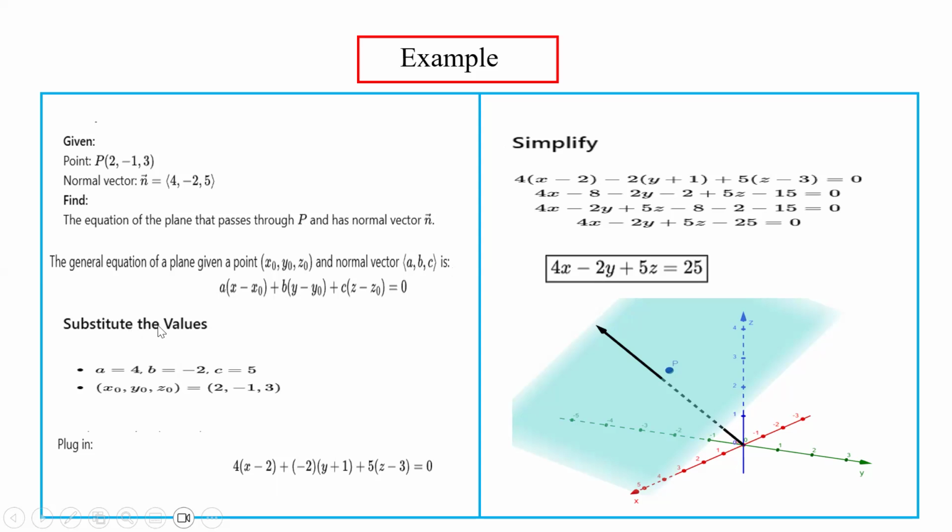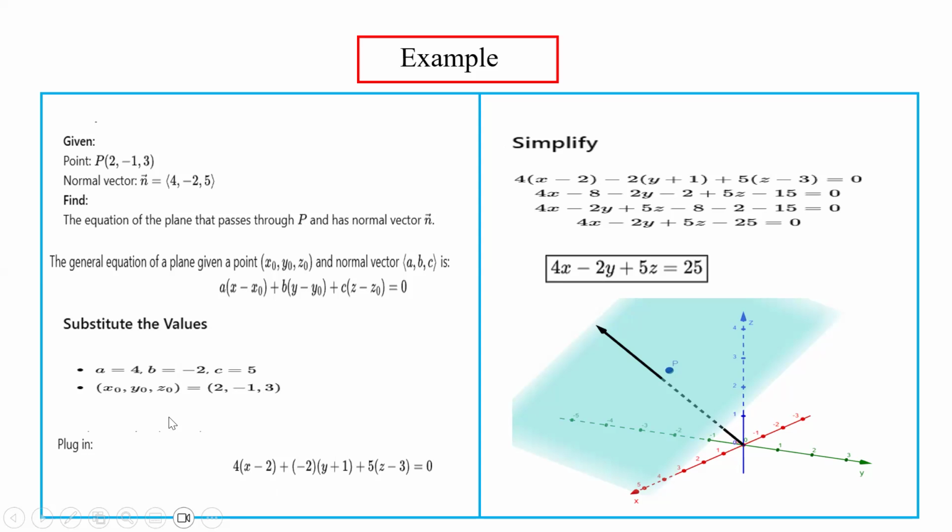We can substitute the values. a, b, and c are the values from our vector n, and x0, y0, and z0 are from the point P. So a, b, and c are 4, -2, and 5, and we have x minus 2, where 2 is x0.